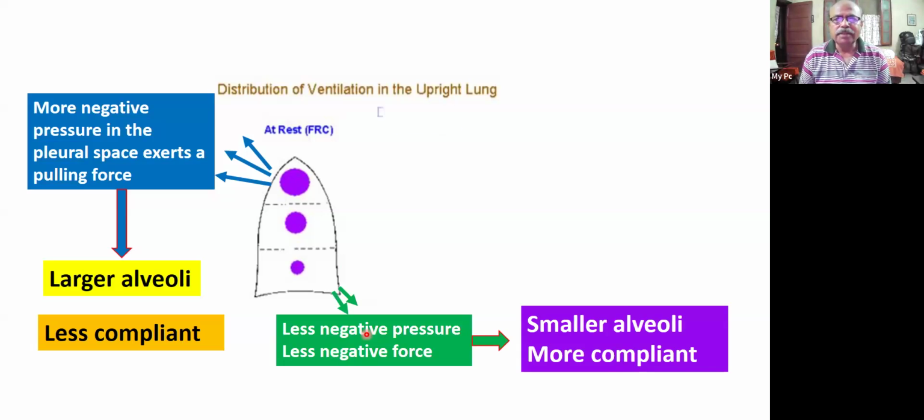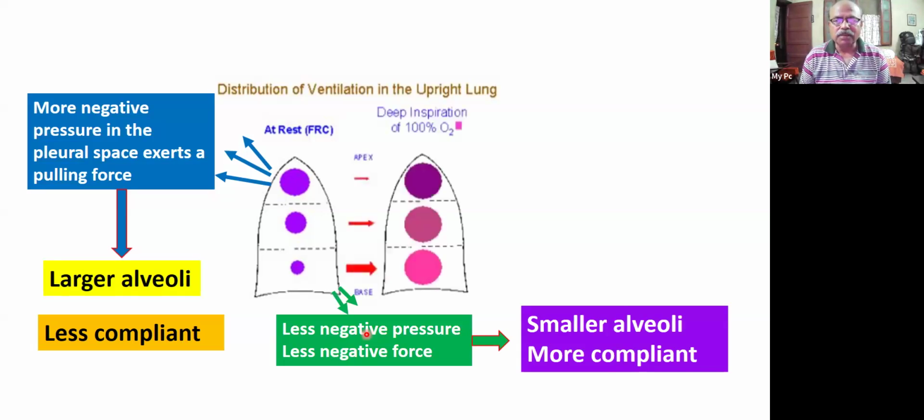So if someone is taking a breath of 100% oxygen, the sizes of all the alveoli become almost equal to each other. But you can see from the diagram that the apical region alveoli have distended only slightly, while the alveoli towards the base have distended so much, and therefore the ventilation is preferentially shifted towards the base of the lung.